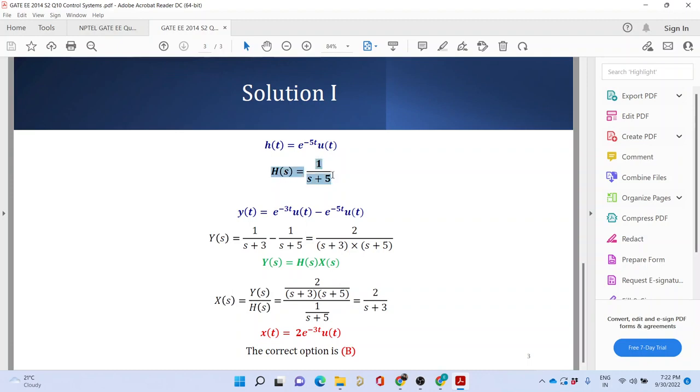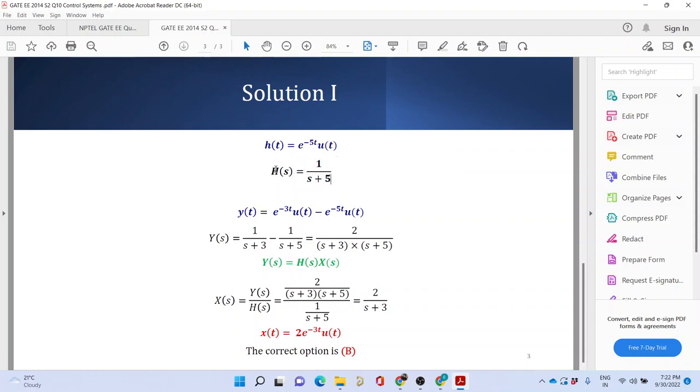Why have I done it? Because to find the output y(t), which is a convolution of this impulse response and the input x(t), convolution is far more difficult to handle as compared to multiplication. And we know that convolution in time domain is multiplication in Laplace domain.